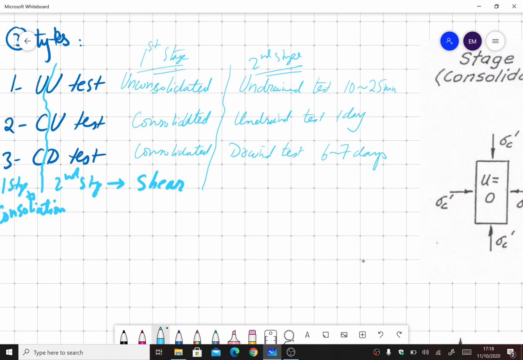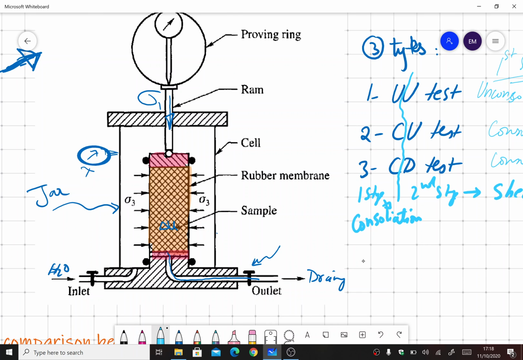So in a UU test, what we basically do is that first of all, we will bring our soil specimen from the field in the form of a cylinder. If it's not, then we'll trim it accordingly, or if we have a loose sample, then we will compact it according to the field density and then convert it into a cylinder, and then place a rubber membrane around it, and then place the upper and lower porous stones, and then we will place the whole thing in the assembly.